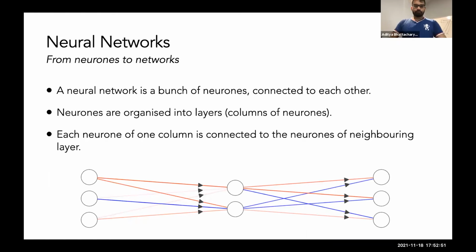Now, this is how a neural network actually looks. You have a bunch of neurons. Each neuron is connected to the neighboring columns, or as we call them, layers of neurons. There are different types of networks.